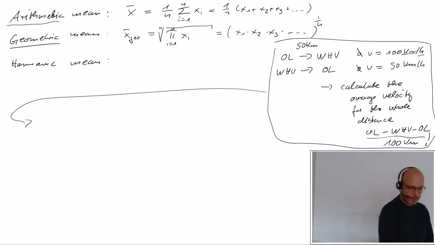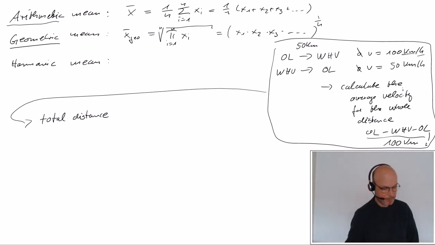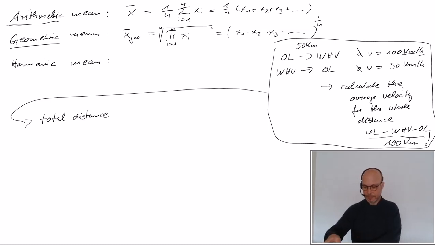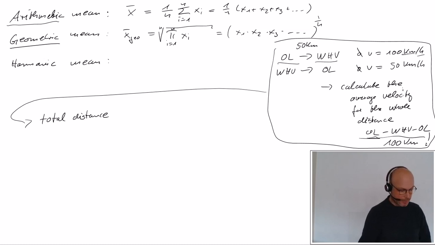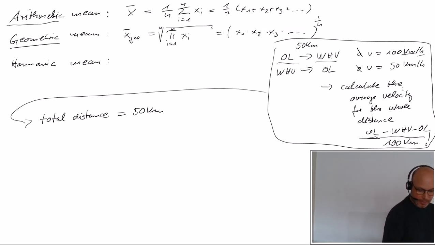What is the total distance? From Oldenburg to Wilhelmshaven and back, 100. So total distance 50 kilometers plus 50 kilometers. What is total time?